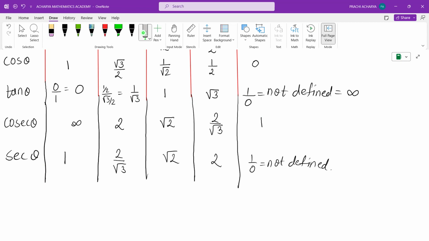See, this one value will come at first position, 2 upon root 3 value will come at second position, middle value will come as it is, then 2 value will come for second last, and infinity will come for last. So just to show you कि reciprocal से भी we can find the value for sec theta, and also cosec theta की values लिखने के बाद you can as it is reverse the sequence for the sec theta.